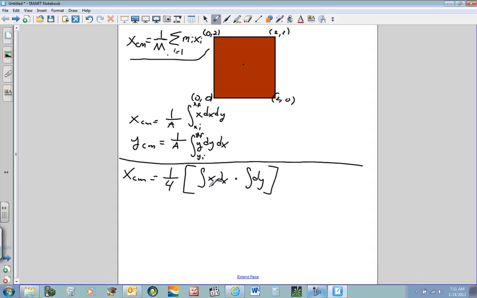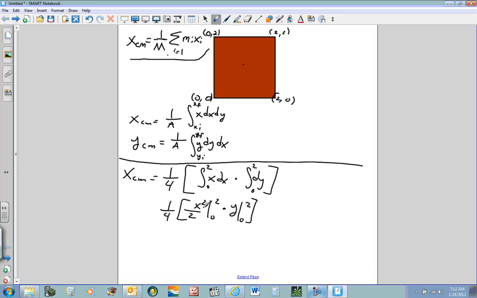This is going to be from 0 to 2, and it just happens these are the same. They do not have to be the same, 0 to 2. So when I integrate, I'm going to get 1 over 4, x squared over 2 from 0 to 2, times y from 0 to 2.